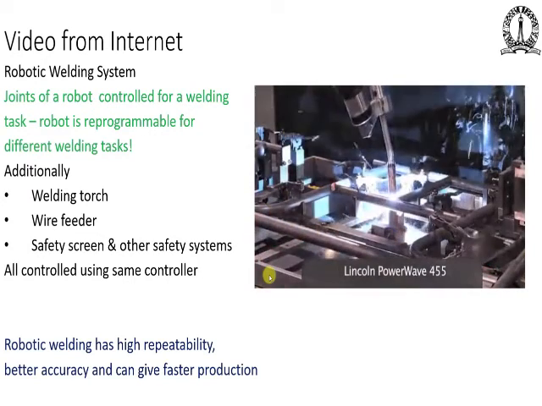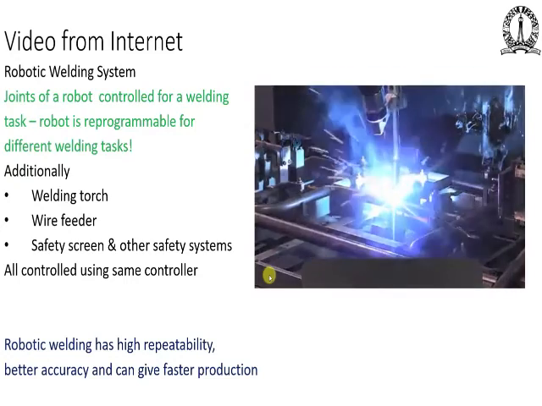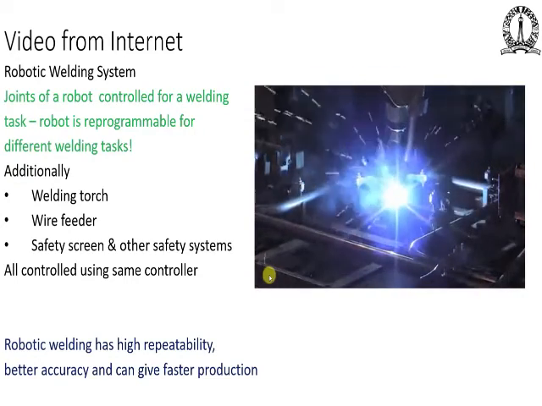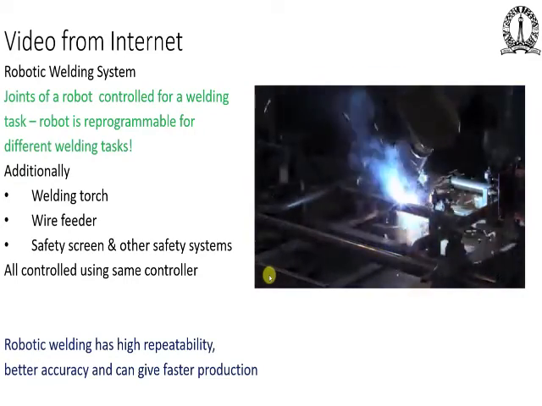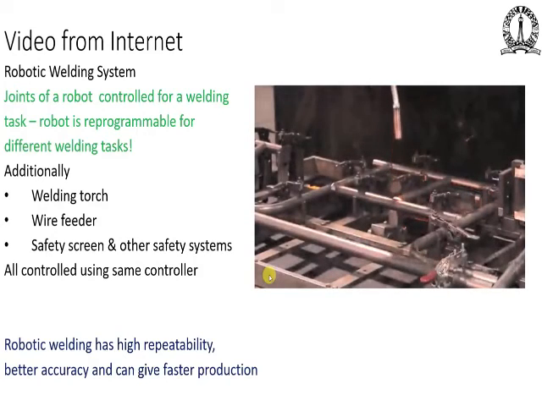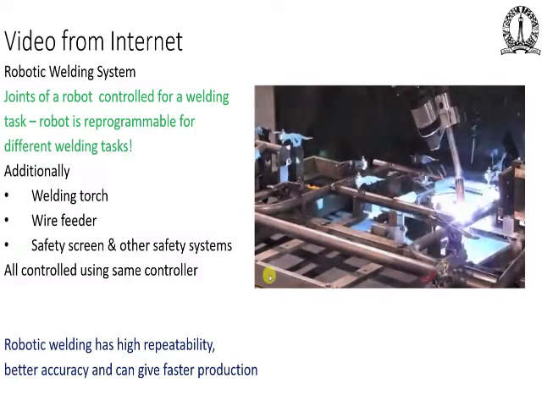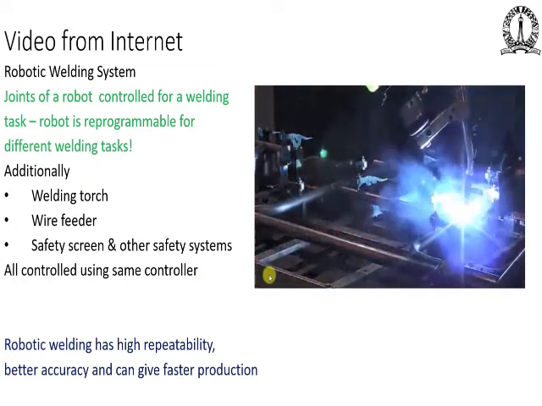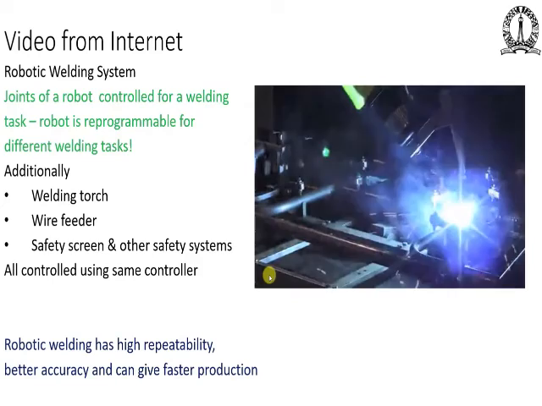As you can see here, the robot is moving the welding torch along a pre-programmed path. Secondly, it also controls a wire feeder which pushes in the wire used in welding. It also controls the safety screen and other safety systems.